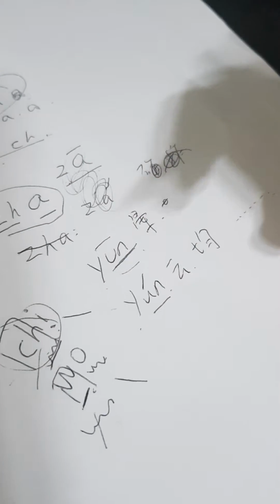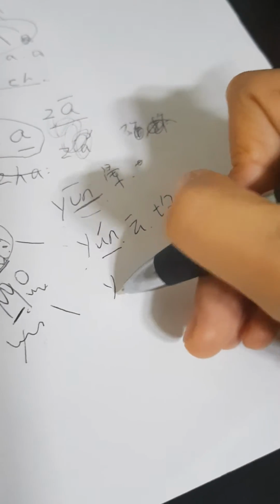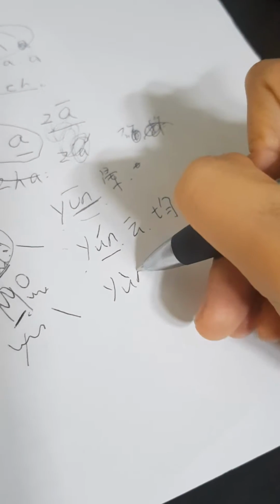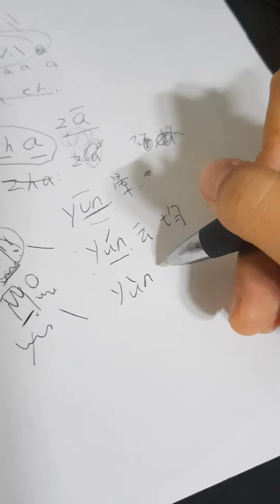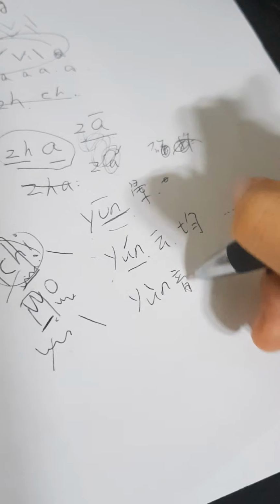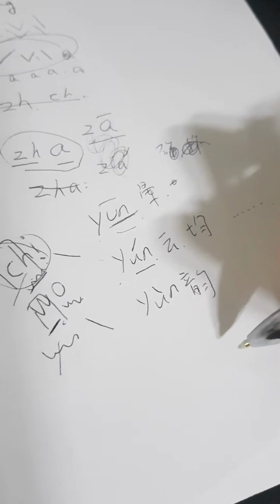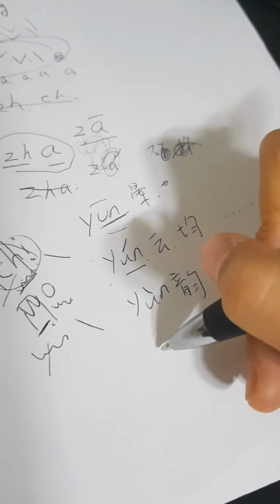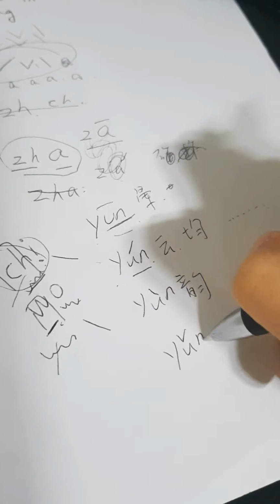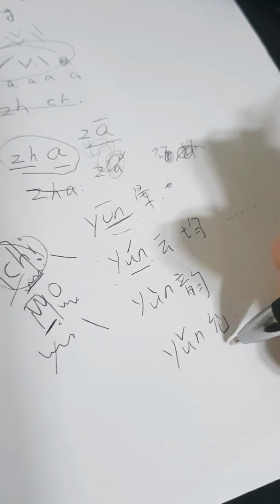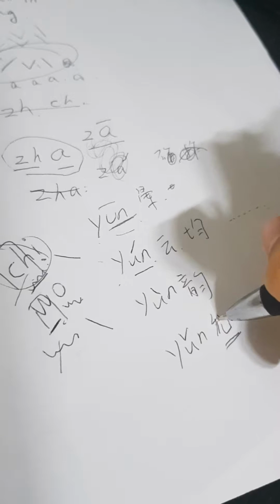That's the difficult part within Chinese. What if we write yun, like the word yun? We can write this, this means aloud.